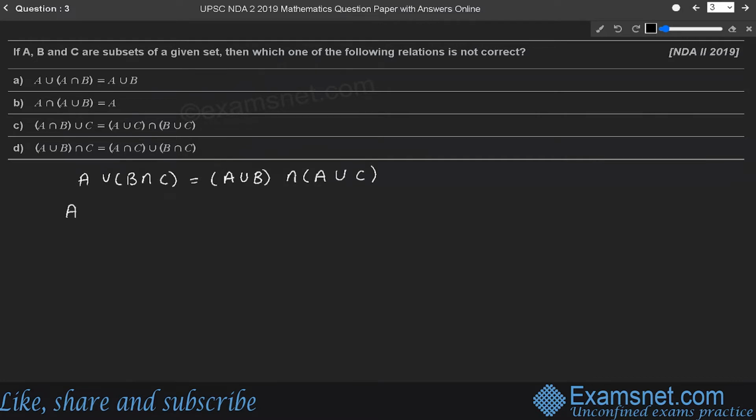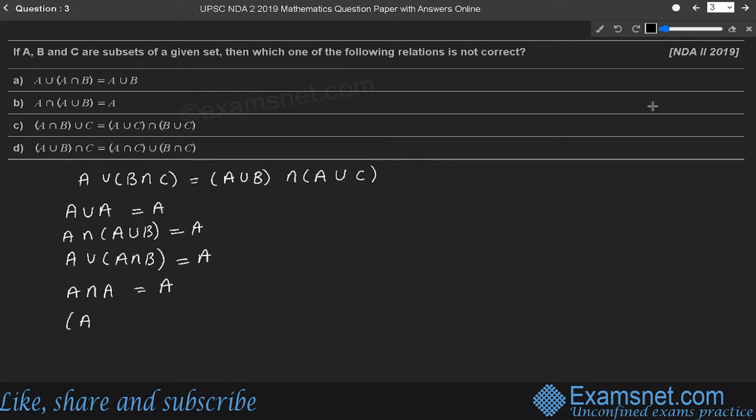Also, we know that A union A is always equal to A. A intersection (A union B) is equal to A. Also, A union (A intersection B) is equal to A, and A intersection A is also A. Further, there are other properties: A intersection (B union C) is equal to (A intersection B) union (A intersection C).